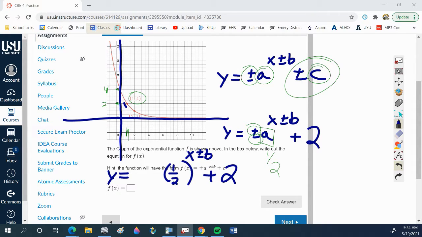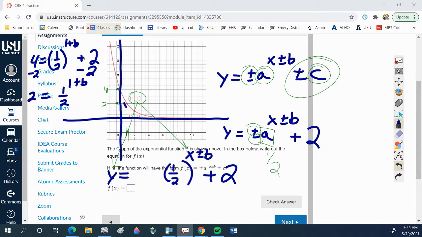Does it matter which point? No, doesn't matter. So I'm going to put 4 in there and 1 in there. So 4 is equal to 1/2 times 1 plus b plus 2. Solve for b, subtract 2. 2 is equal to 1/2 raised to the 1 plus b.